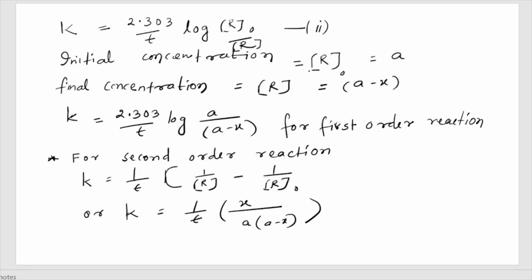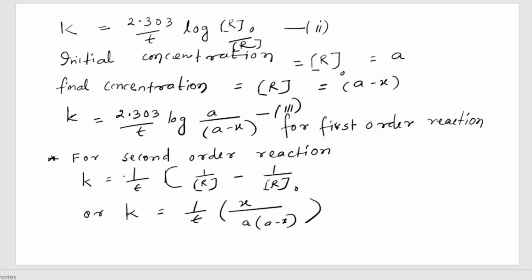If you take the initial concentration [R]0 in mathematical value, suppose you put a, and the final concentration [R] is a minus x. So this is initial, final. You should write this as k equals 2.303 by t log a by a minus x. This is for the first order.